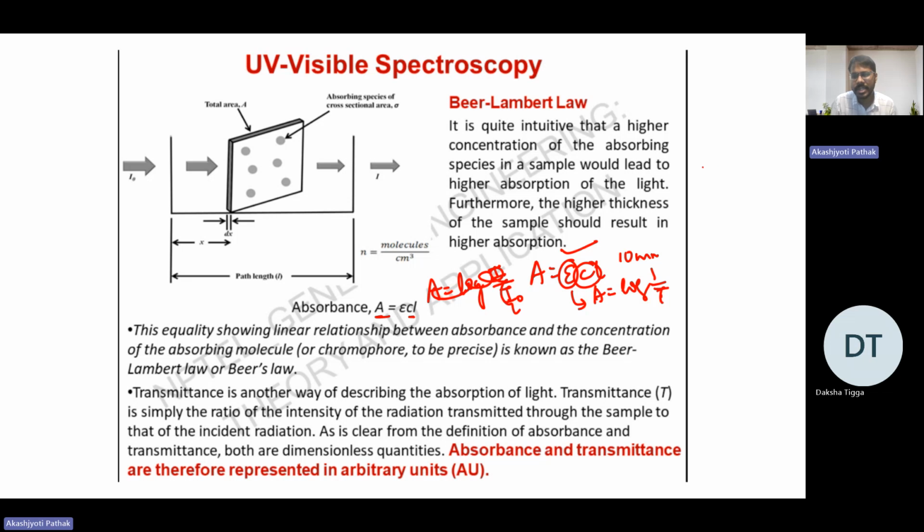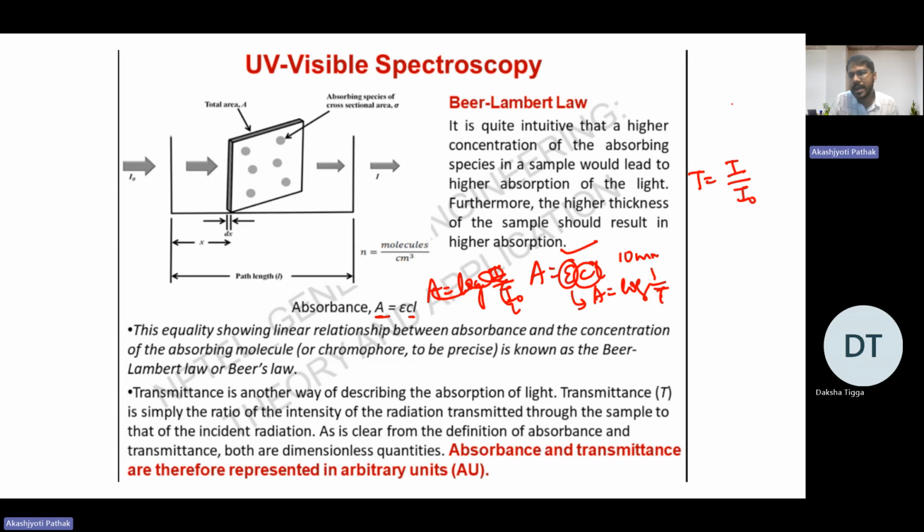Transmittance is the ratio of the amount of light that is transmitted through the specimen divided by the amount of light which is falling on the specimen. So transmittance is basically I by I naught.